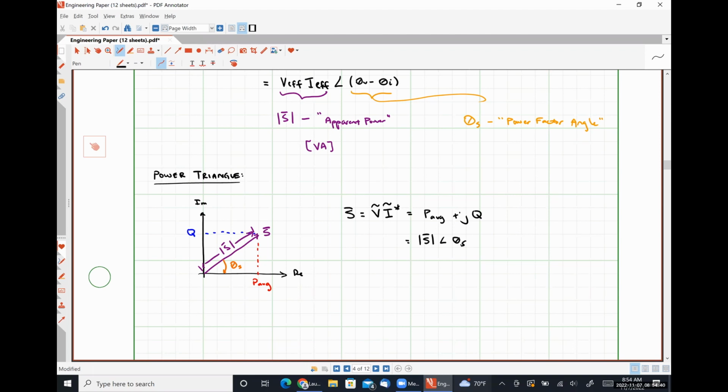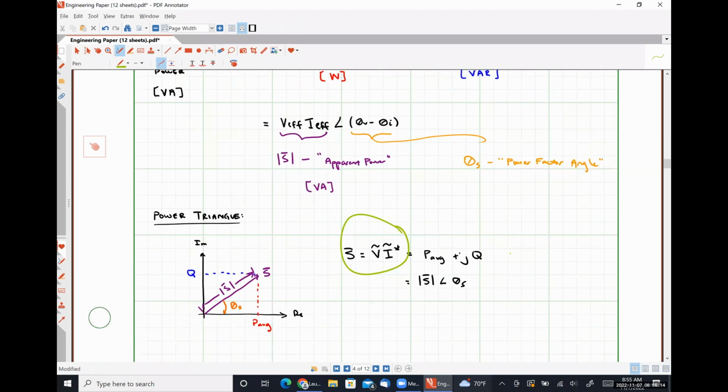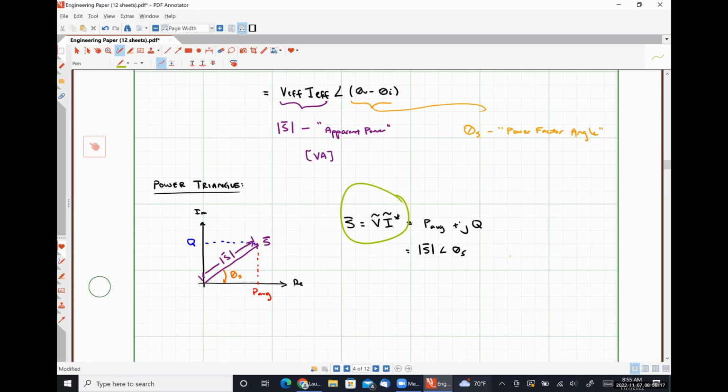If you can do this mathematical operation and then make your calculator give you the answer in both polar and rectangular form, you know everything there is to know without having to memorize a single equation. The real part is always the average power. The imaginary part is always the reactive power. The magnitude is the apparent power, and the angle is the power factor angle. No need to memorize all the equations that I wrote up there. Doesn't hurt, obviously, but it isn't remotely necessary.